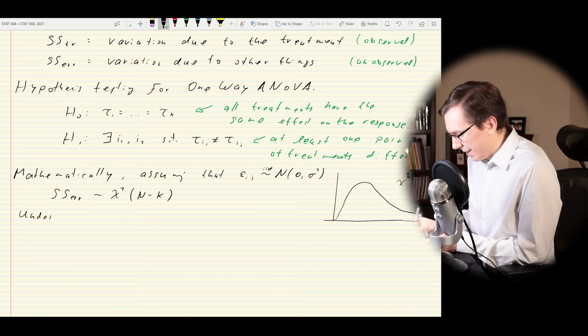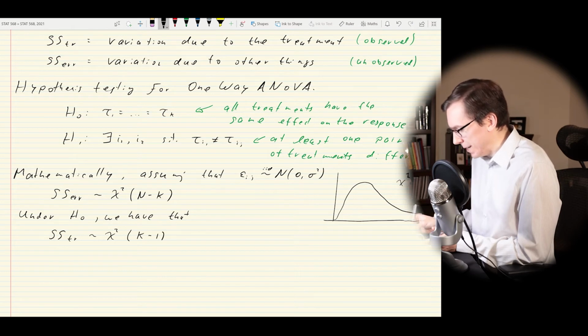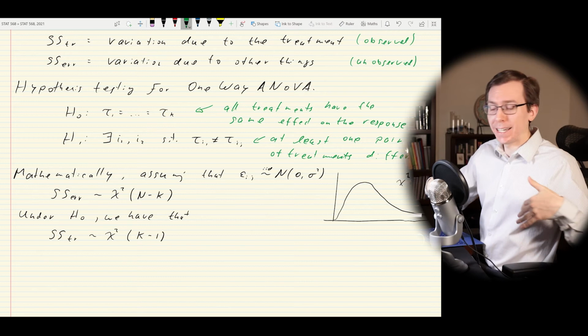And under the null hypothesis, we have that the treatment sum of squares also has a chi-squared distribution. In this case, the degrees of freedom is going to be k minus 1, the number of factor levels minus 1.